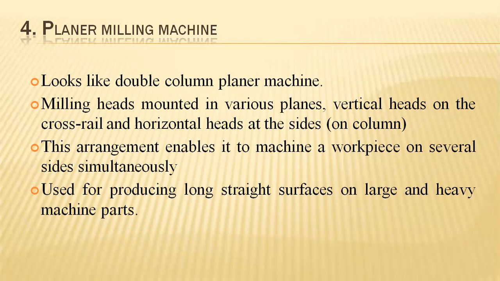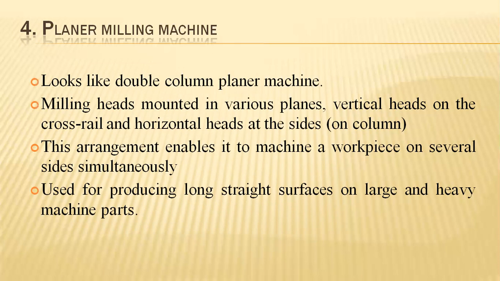Coming to the planar milling machine. Similarly, it looks like a double column planer machine, having the milling heads in various planes, that is, the vertical heads on the cross rails and the horizontal heads at the sides.